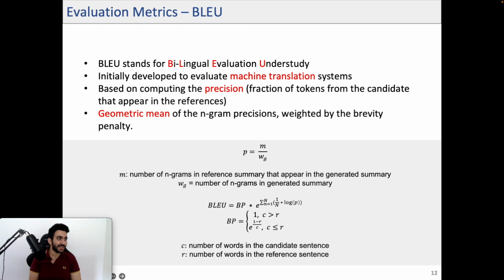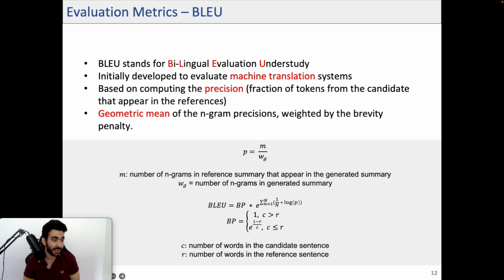So, this metric is based on computing precision, which is the fraction of tokens from the candidate sentence, the summarized sentence, that appear in the reference. A high precision means that most of the content in the candidate sentence is relevant to the output.